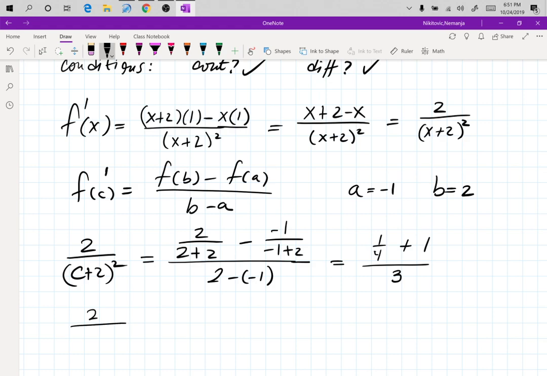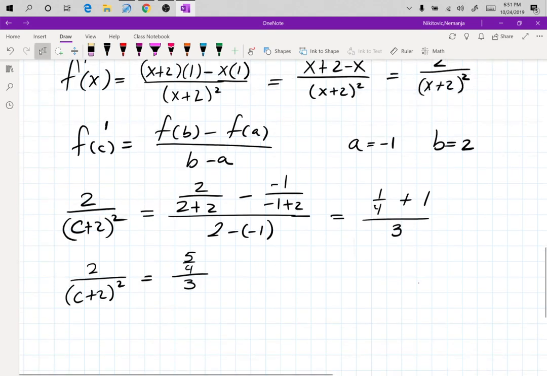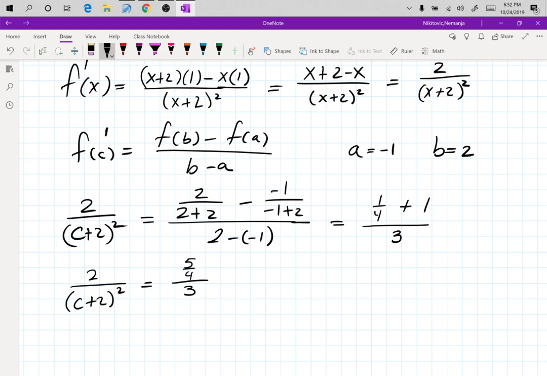2 divided by c plus 2 squared is equal to 1/4 plus 1 is 5/4 over 3. This simplified is 5 over 12. That'd be 1/2. It clearly is 1/2, this is a half over here.